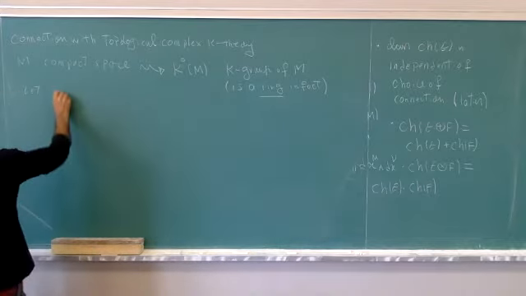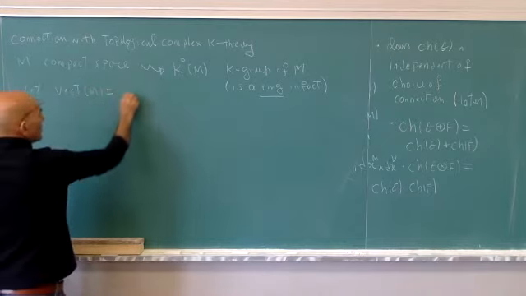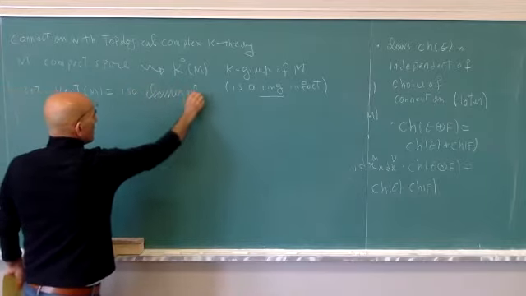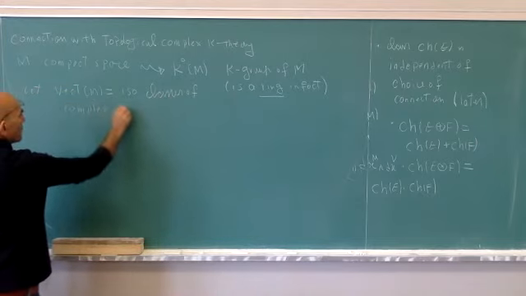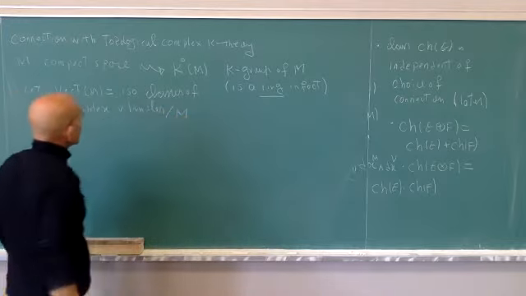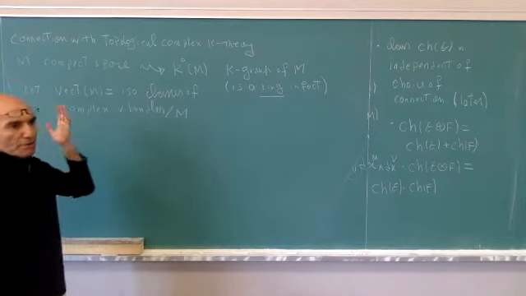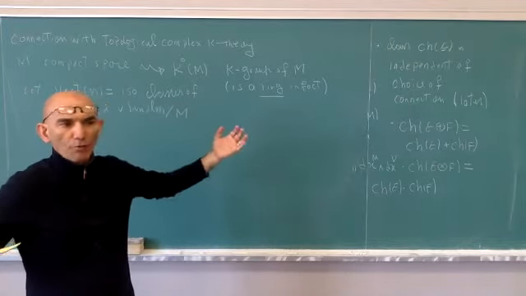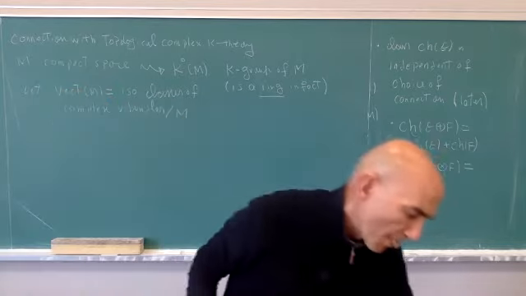So let Vect M equal isomorphism classes of complex vector bundles over M, right? So objects of this set are just vector bundles over M. So we put all vector bundles into one bag up to isomorphism. If two vector bundles are isomorphic, we don't consider them different. We consider them the same.